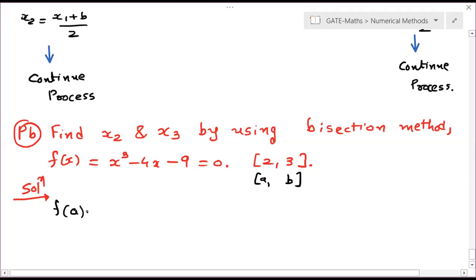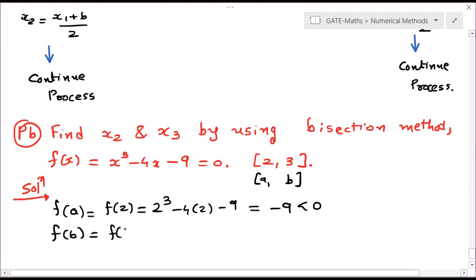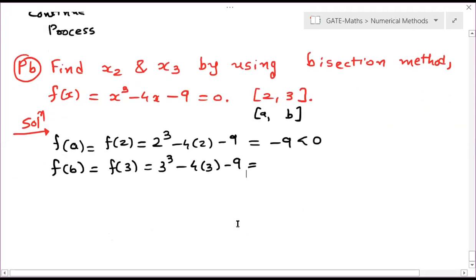So f of a is f of 2, which is 2 cube minus 4 into 2 minus 9. 2 cube is 8, minus 8 is 0, so it is minus 9, less than 0. f of b is f of 3, which is 3 cube minus 4 into 3 minus 9. 3 cube is 27, 27 minus 21 is 6, which is positive. So here my function is negative at a and positive at b, so definitely the root will lie between a to b.